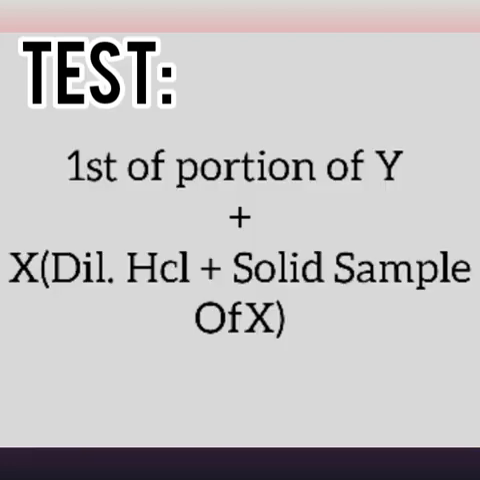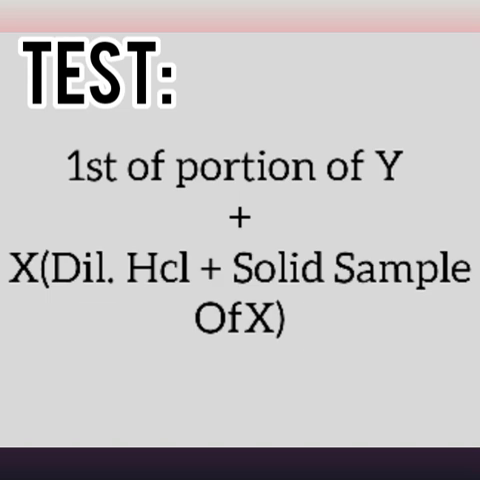Now for our second test, we divided the first test into 4 portions. In the question you might say 2 portions or 3 portions, but for this one we are going to be dividing into 4 portions.